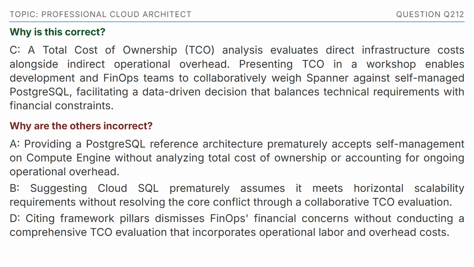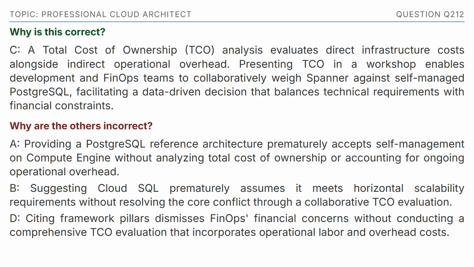Why is this correct? C. A total cost of ownership (TCO) analysis evaluates direct infrastructure costs alongside indirect operational overhead. Presenting TCO in a workshop enables development and FinOps teams to collaboratively weigh Spanner against self-managed PostgreSQL, facilitating a data-driven decision that balances technical requirements with financial constraints.